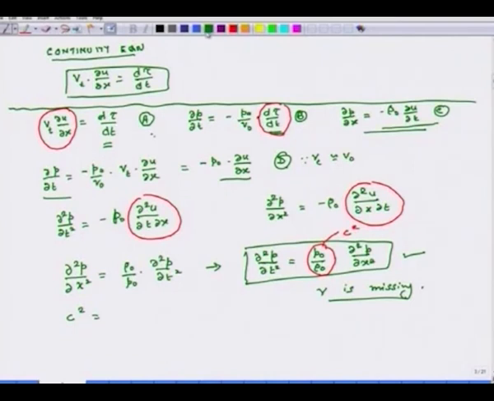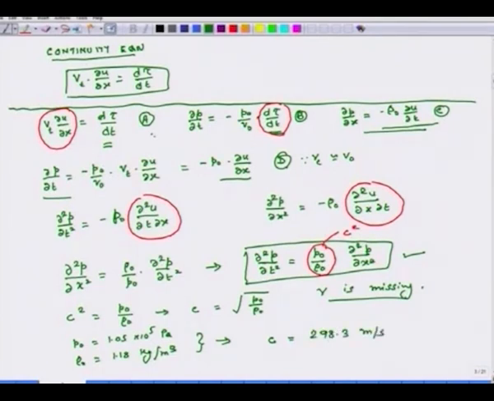So, C square equals P naught over rho naught, or C equals the square root of P naught over rho naught, and because P naught equals 1.05 times 10 to the power of 5 pascals and rho naught equals 1.18 kgs per cubic meter, what I get is C equals 298.3 meters per second.